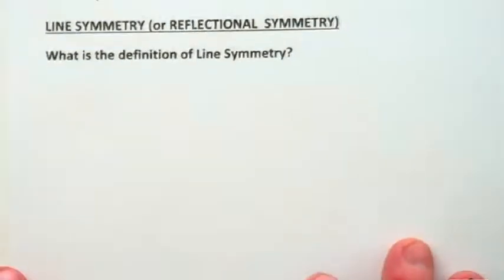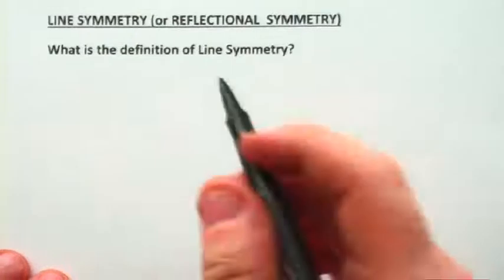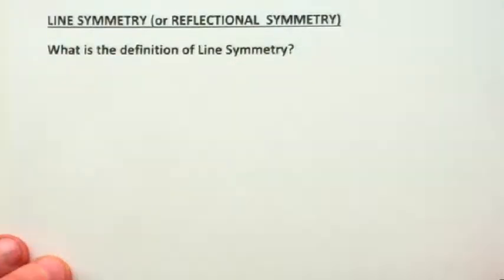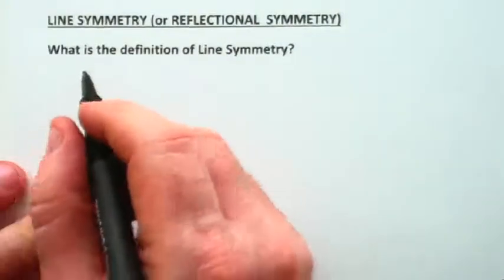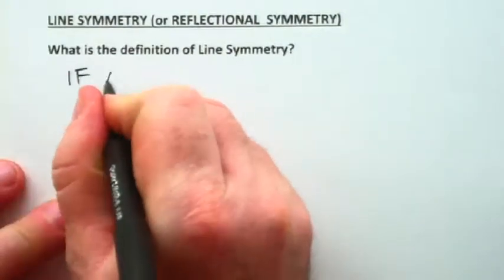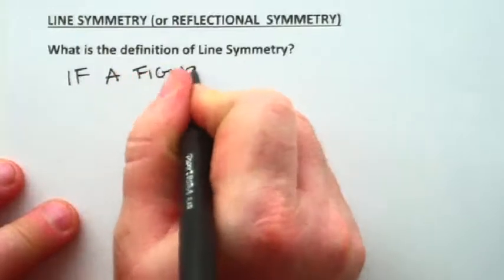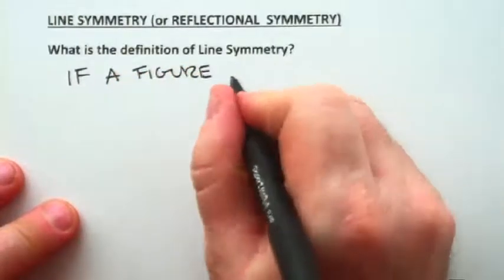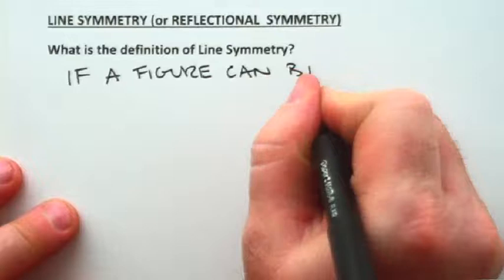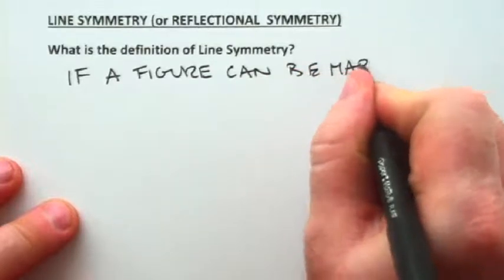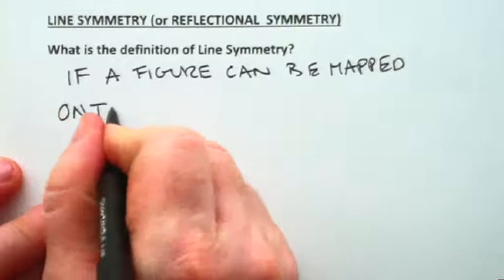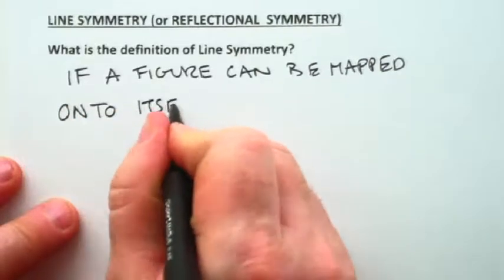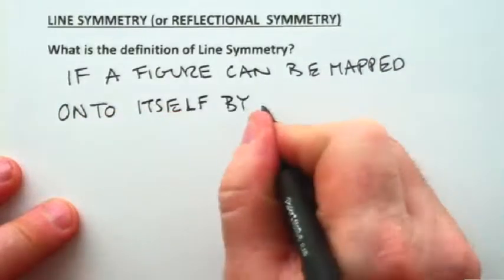The first one we'll look at is line symmetry or reflectional symmetry. And so what do we have for a definition here? Basically you have line symmetry if a figure can be mapped onto itself by a reflection.